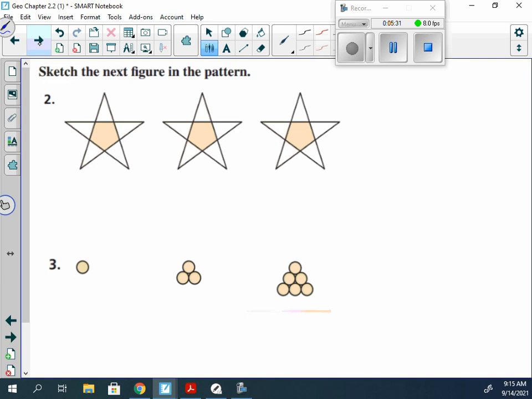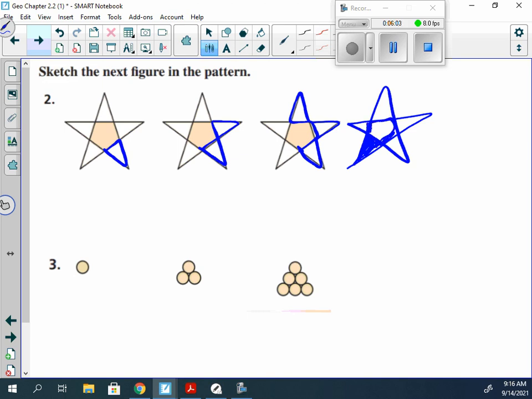So we have a star, and we see one piece here is not shaded. And then the second one we have two, and then the third one we have three. So what's going to happen to the next one?